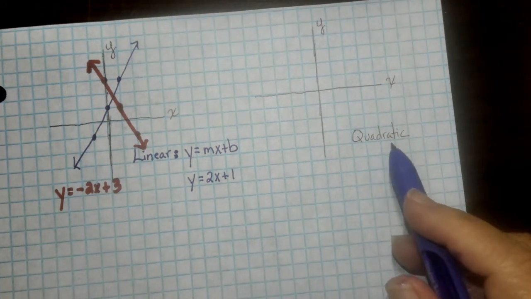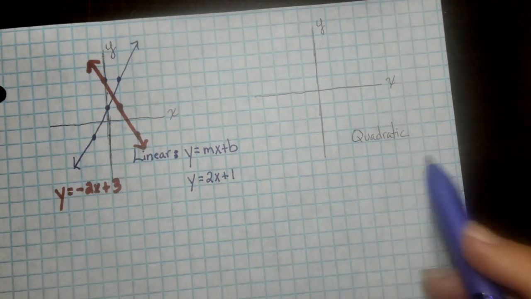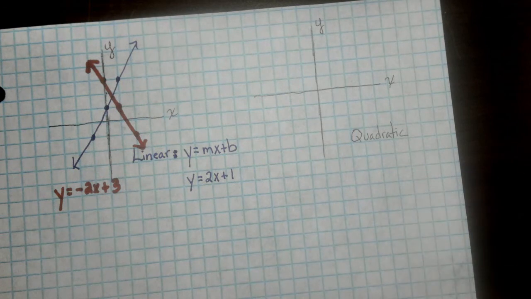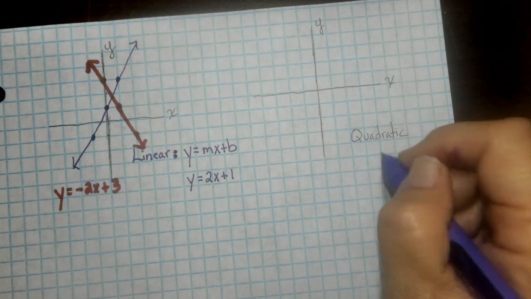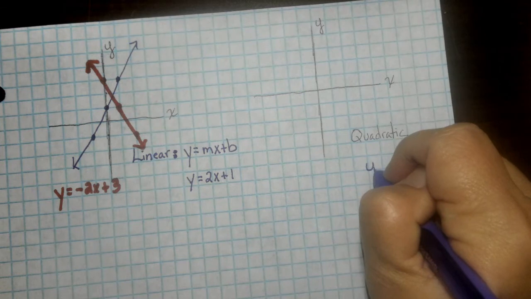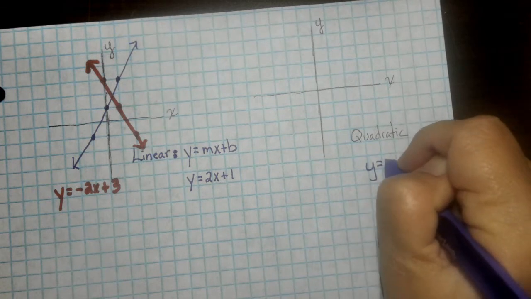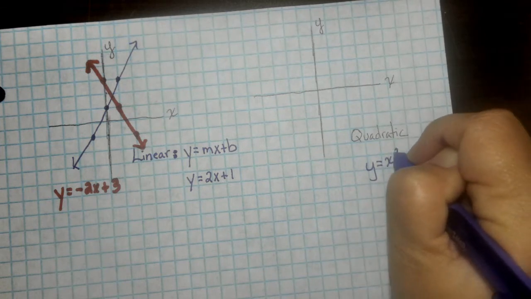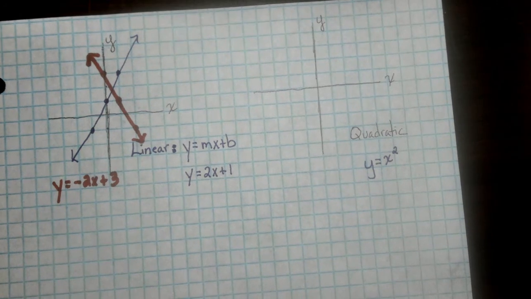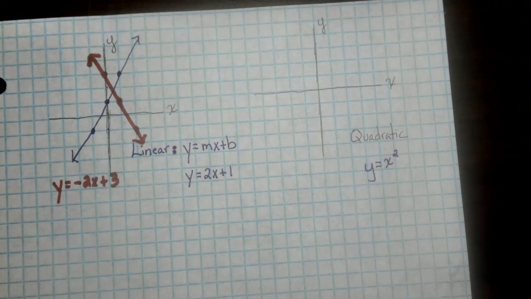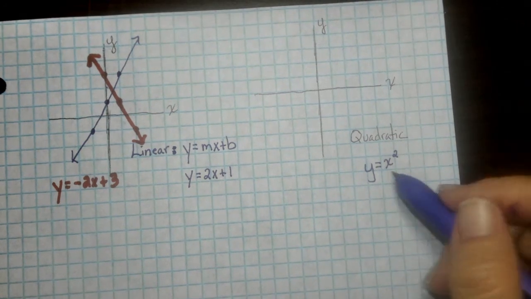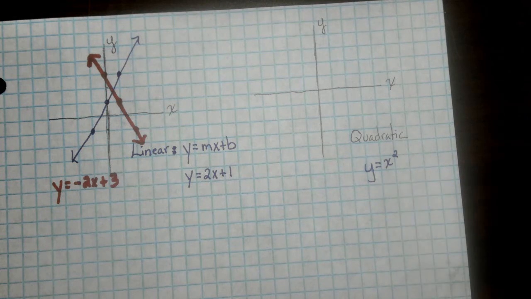So a quadratic function means that our x is squared. It's to the second degree. So I'm going to do y equals x squared. And I should already know that this is going to look like a parabola, right?